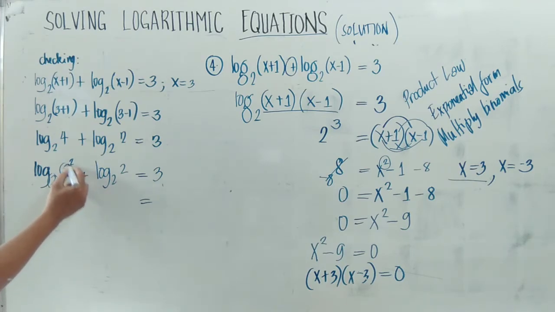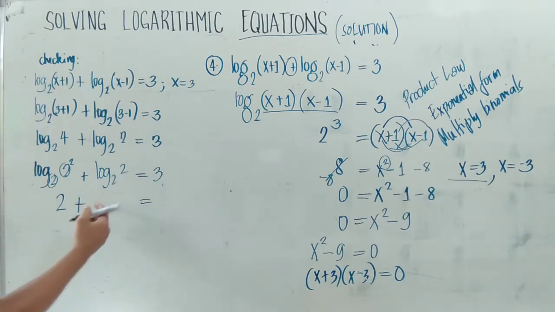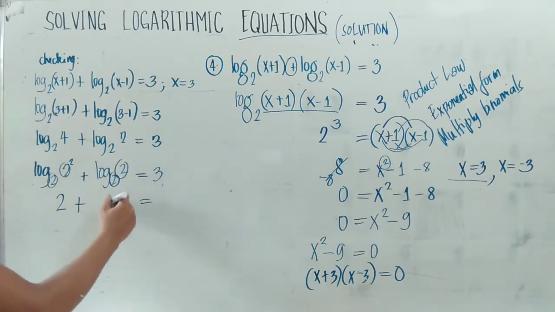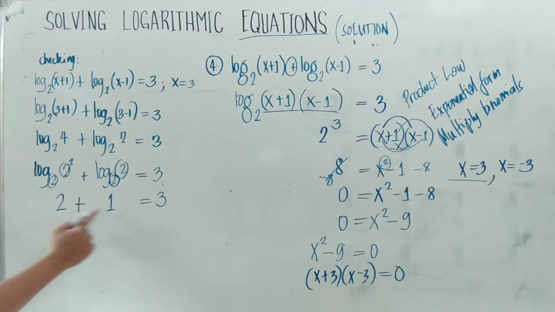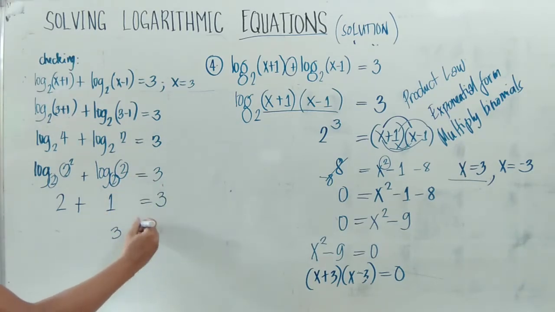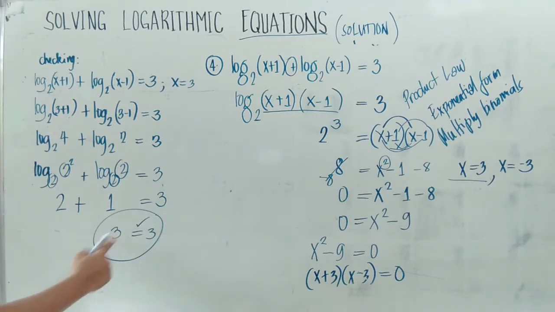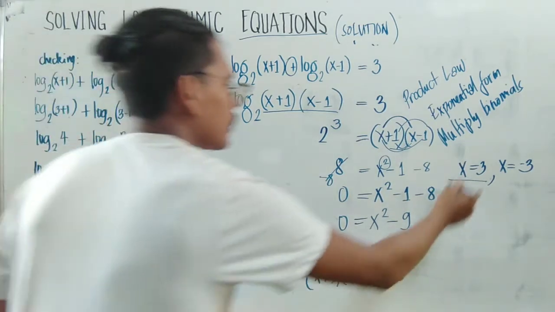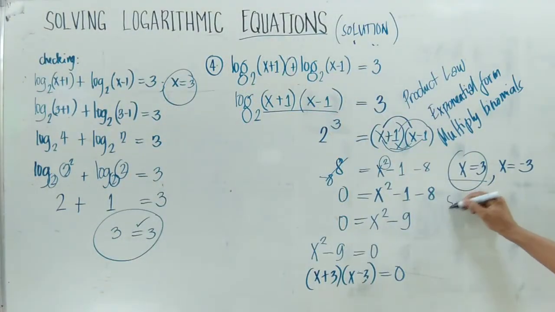When the bases are equal and there's an exponent, the answer is the exponent. And when the log of a number and the base are equal, the answer is 1. So 2 plus 1 is 3 equals 3. Because 3 is equal to 3, therefore x equals 3 is the solution of the logarithmic equation.